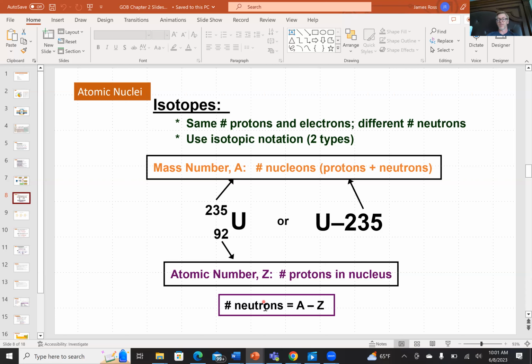To calculate the number of neutrons, subtract the atomic number from the mass number, or A minus Z, and you will get the number of neutrons. You could have an isotope of uranium, for example, uranium-238. It would just have 3 additional neutrons compared to uranium-235.